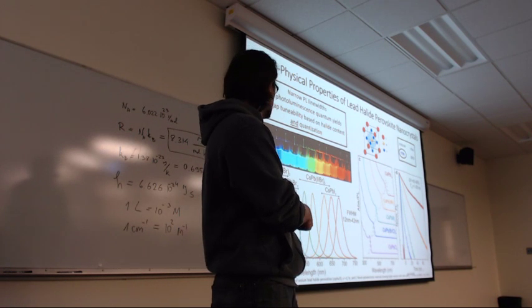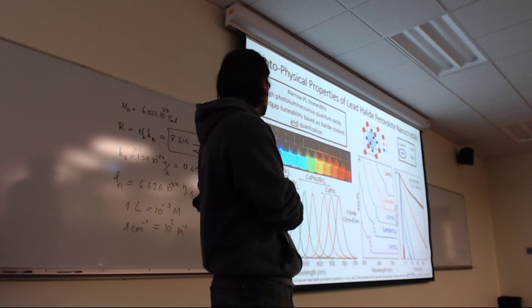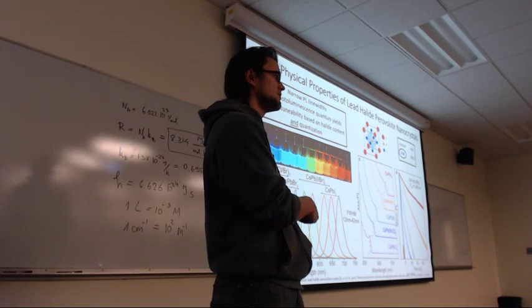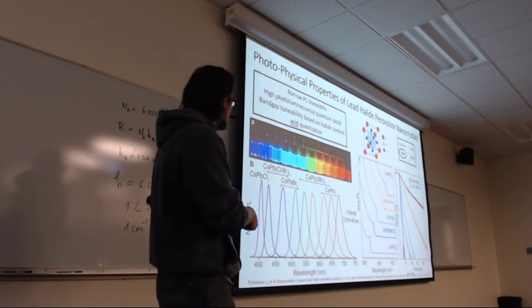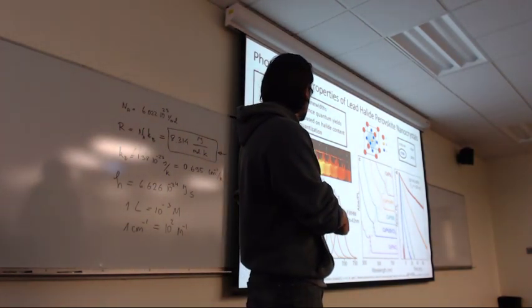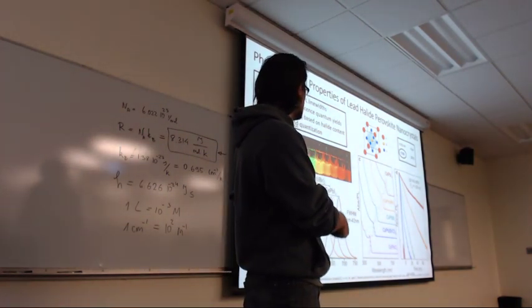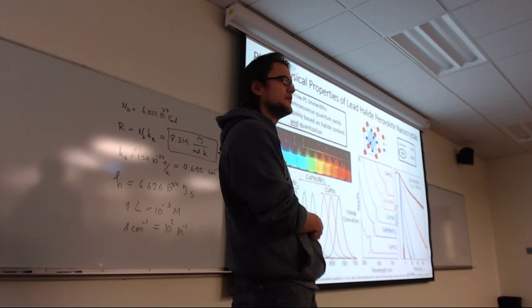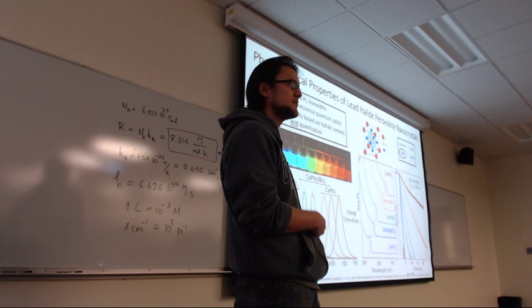I guess they're made up of fully inorganic cesium, lead, and iodine, or halides. And by switching out the halides, you can change them from blue to red. And then by changing the size, you can also change their light emission properties a little bit. And this is just a figure showing absorption and emission across the visible spectrum. And then they also have pretty quick lifetimes, and that's generally what you want if you want an efficient light emitter.